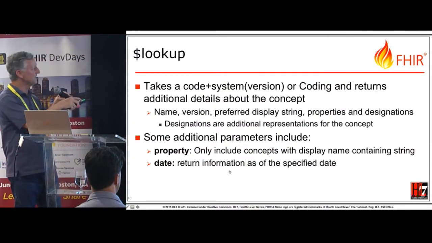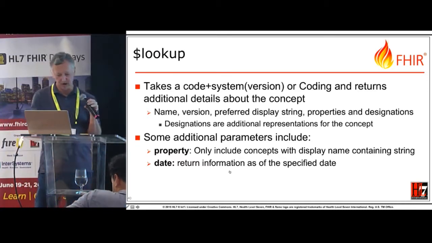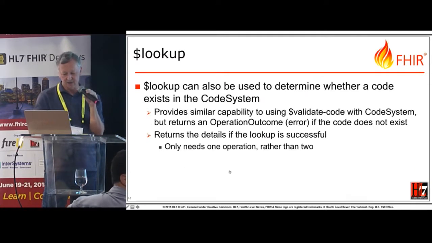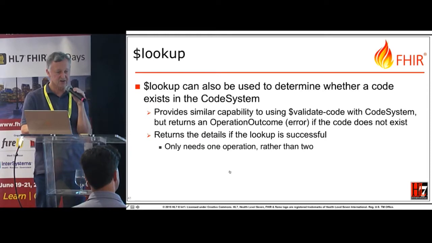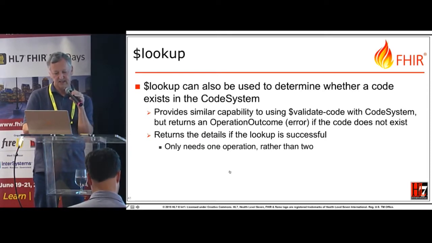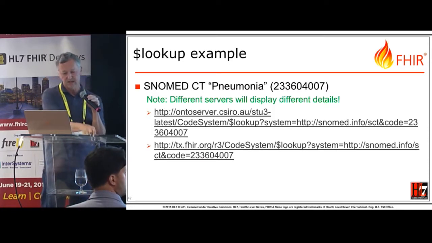Lookup basically says, let's take a code and find out all the information about it. And I can do additional parameters and things. I can also determine whether it exists in the code system, but if it's not, it'll give me an error. But it might only allow you to use one operation rather than two.